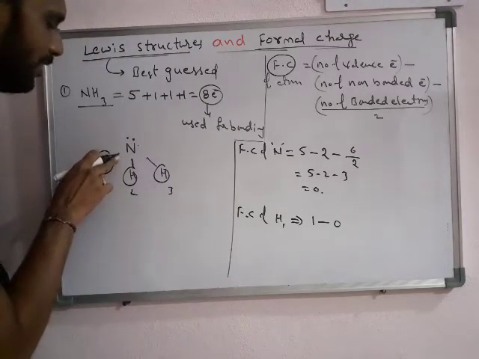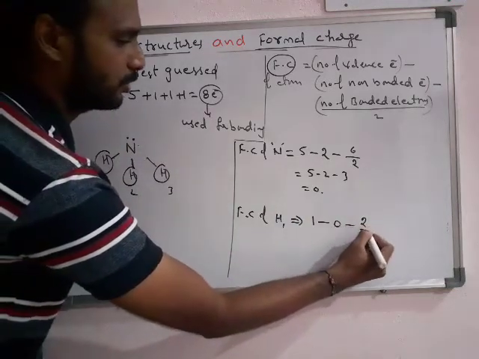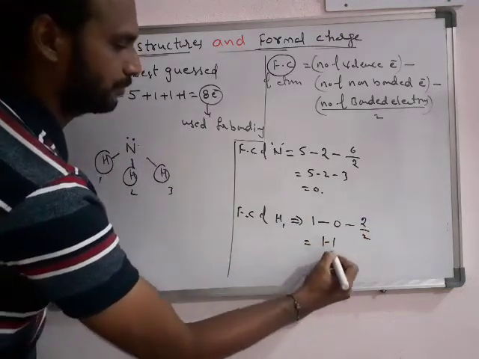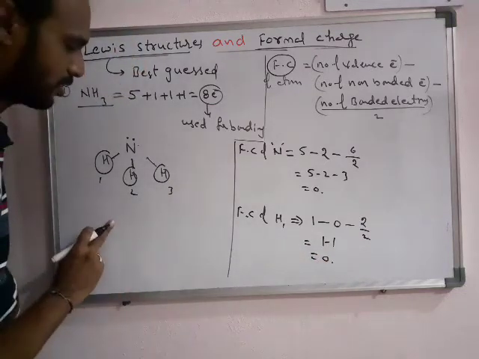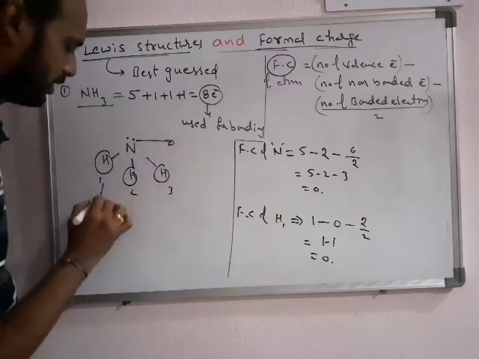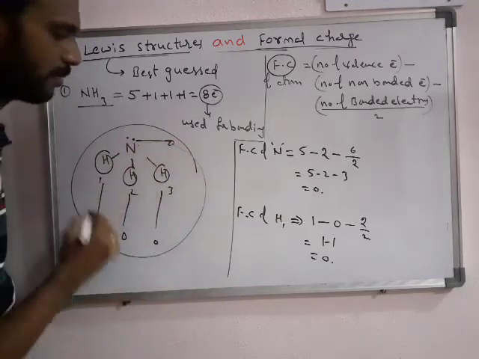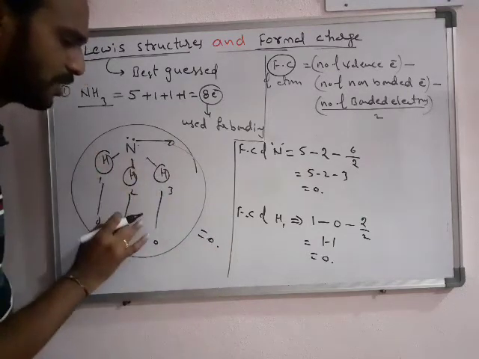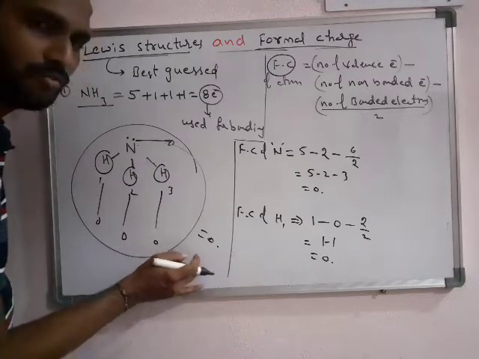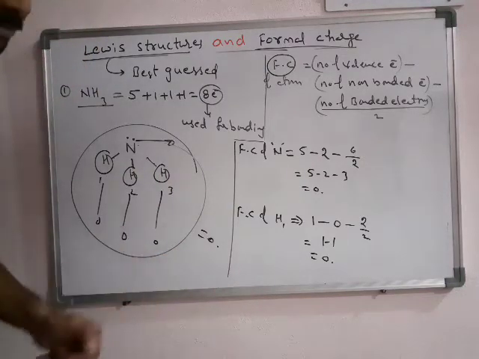Only 1 bond, 2 bonded electrons, so by 2. This hydrogen also has 0 formal charge. So this has 0, this has 0, this has 0. The total formal charge is equal to 0, and all atoms also have 0 formal charge. Okay, now see the other example.